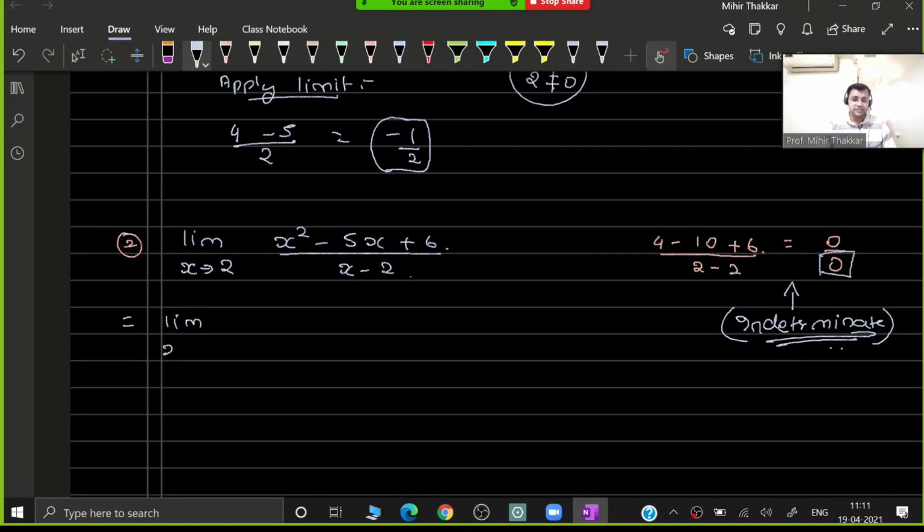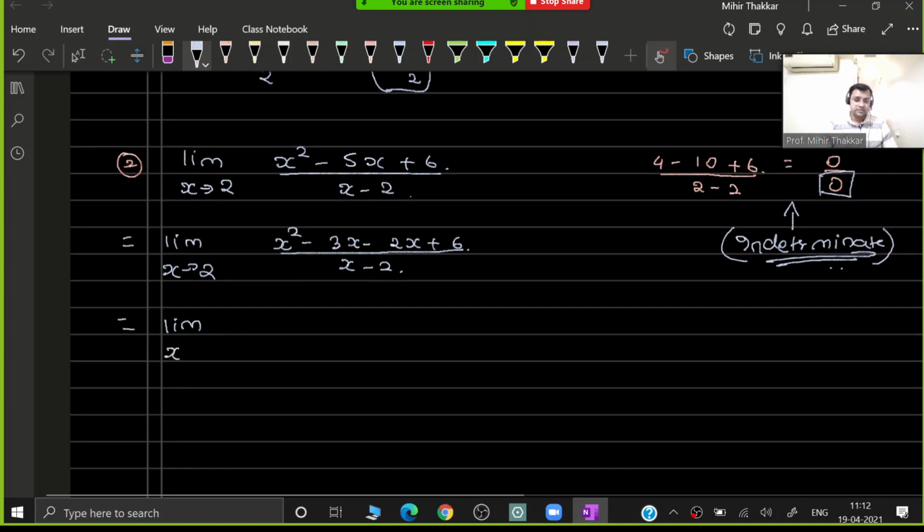I write it like this: limit as x tends to 2, (x² − 3x − 2x + 6) / (x − 2). Taking x common, x − 3; again taking 2 common, −2. So I get in the bracket (x − 3) divided by (x − 2).